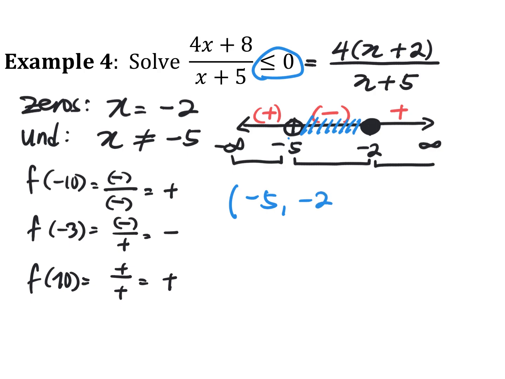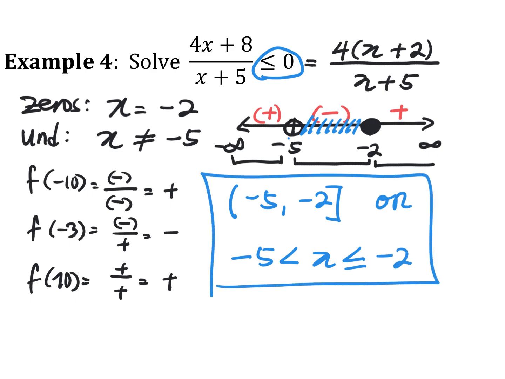And since this is a closed circle, we use the closed bracket. Or we can also write it this way: negative 5 is less than x, and x is less than or equal to negative 2. So this is your answer for this exercise.